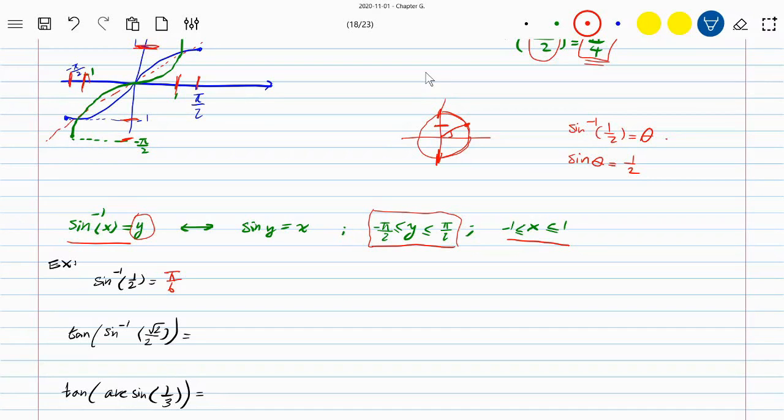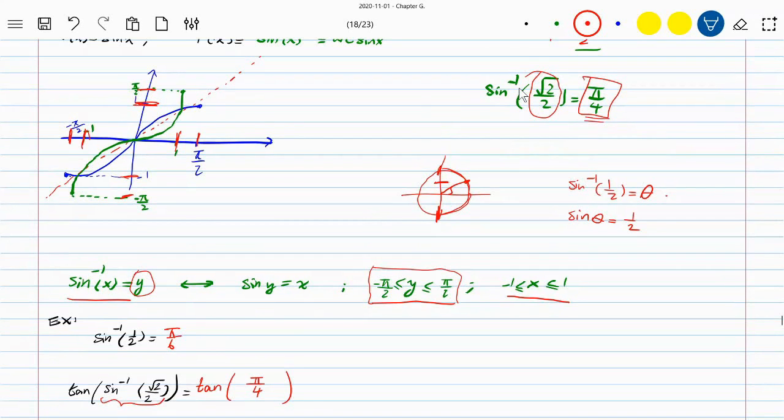It doesn't really matter. You can sometimes simplify the inside and answer the question later. What is sine inverse of root 2 over 2? For what angle will sine give you root 2 over 2? That angle turns out to be pi over 4. At 45 degrees, we already answered this. The sine inverse of root 2 over 2 is pi over 4. And then, what is tangent at pi over 4? Simply 1.